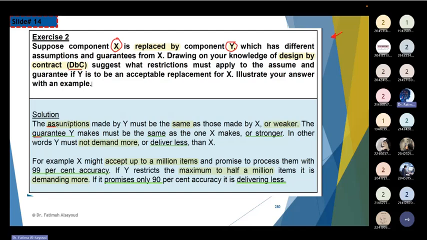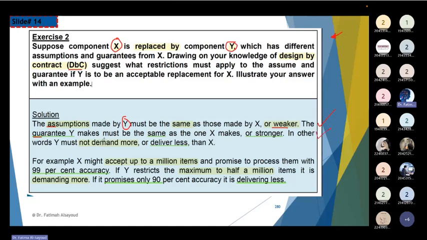What you assume has to be the same or weaker, so when I replace it, it has to be the same or weaker. The guarantee, which is the postcondition, has to be the same or stronger, and that is going to be accepted.